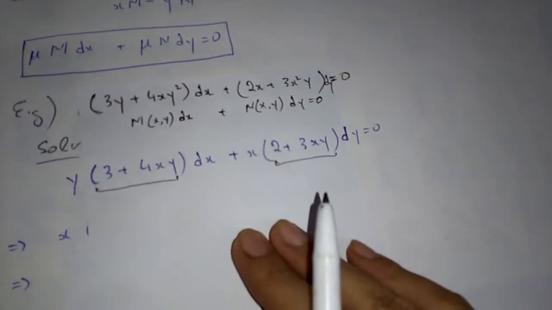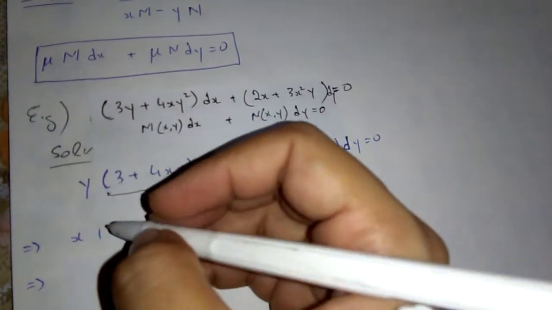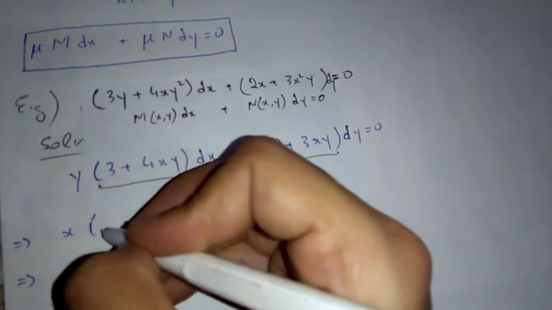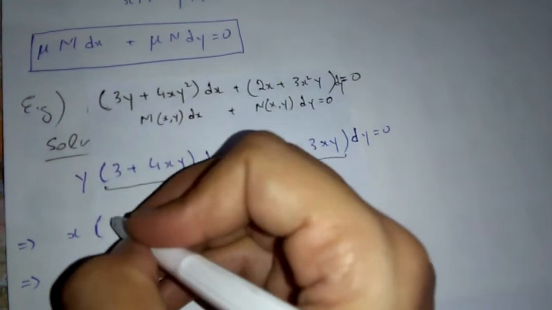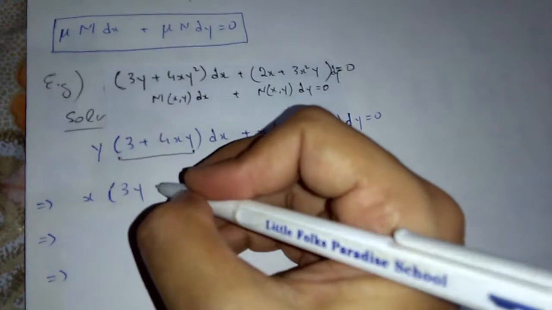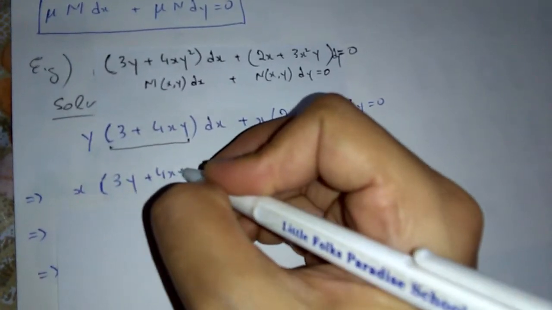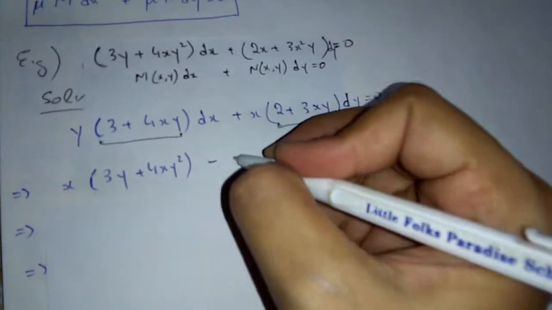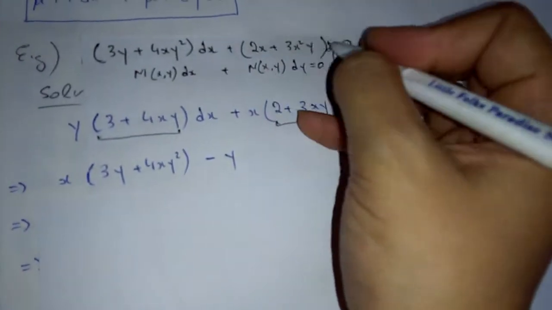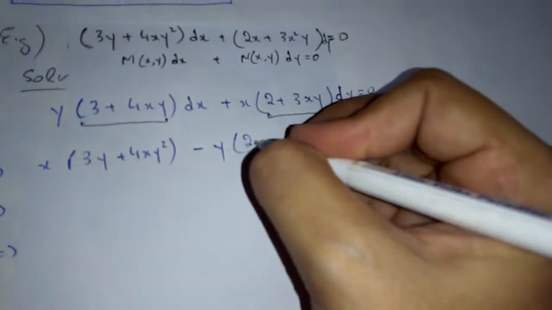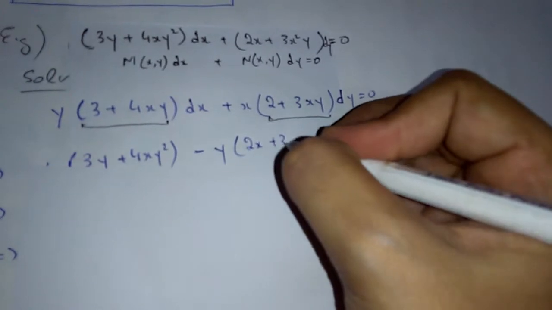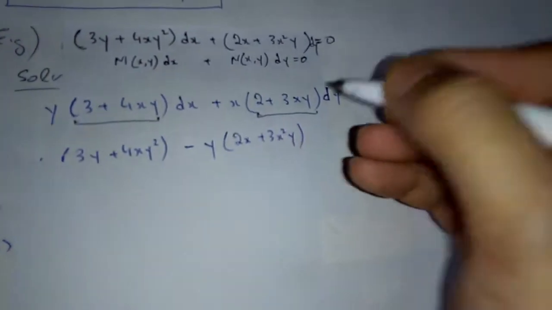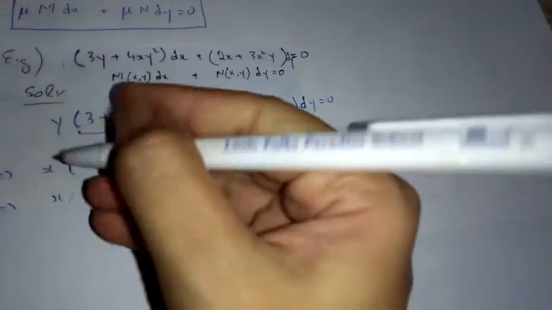So let's now multiply. This is our M, and subtraction with y times this N, like this. Let's see the step.